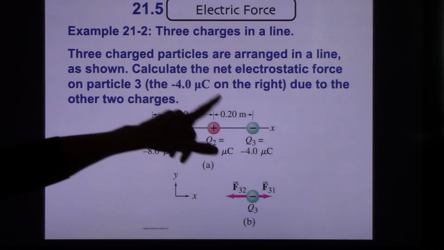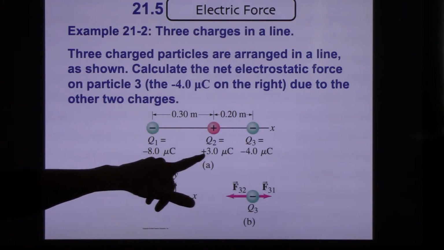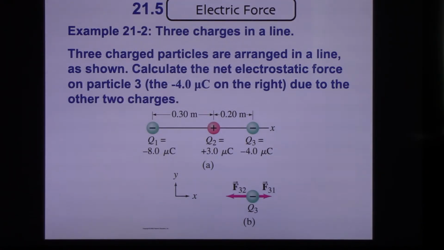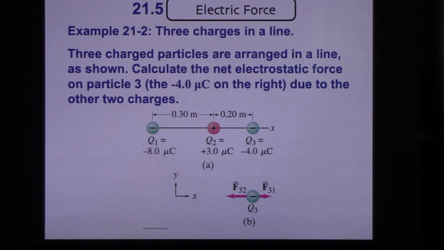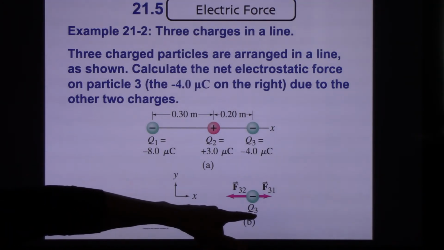So each of these three objects, if we look at them individually, has two forces acting on it due to the presence of the other two charges. In this problem, you could imagine a problem where they ask us to solve for all three objects. But they only ask us to solve for one object.